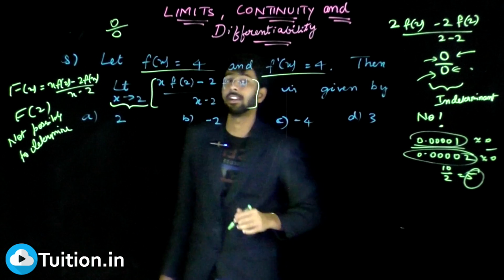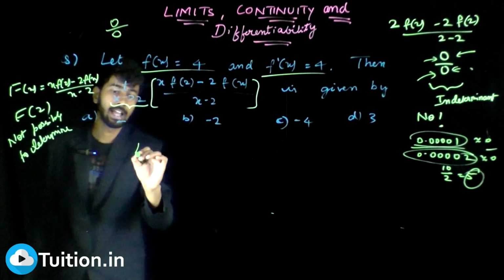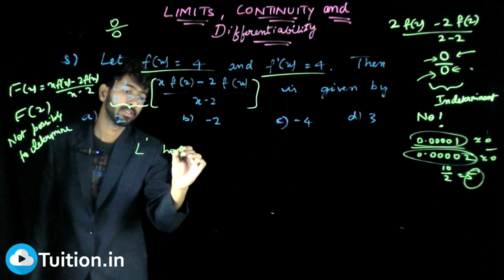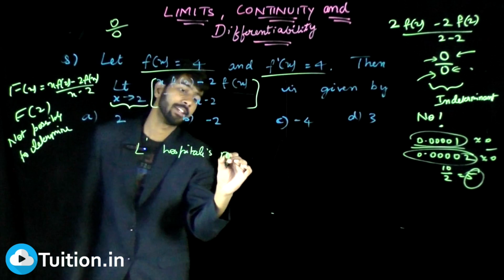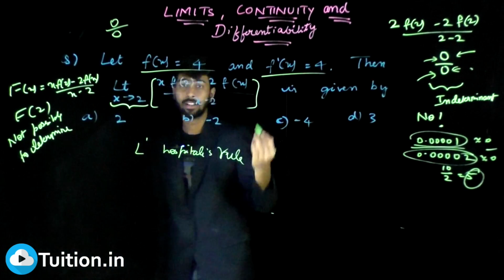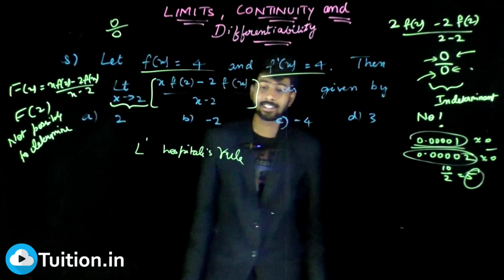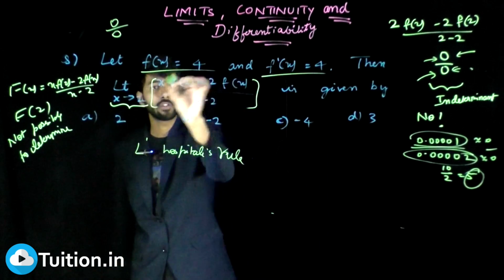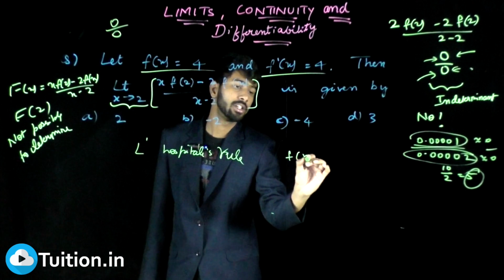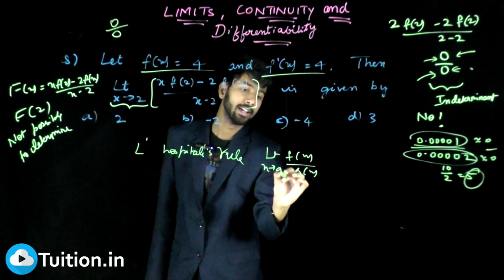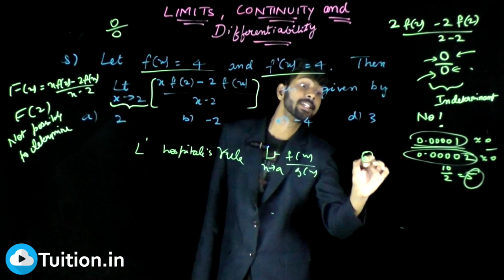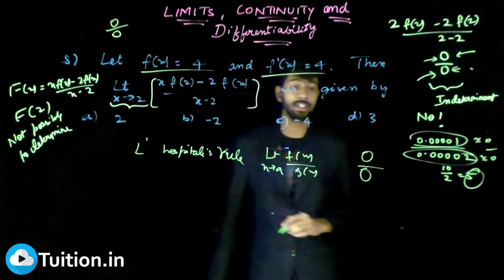And then you can apply what is known as L'Hopital's rule. Don't mind the spelling, I don't remember that, but that's what it is. What it says is, if your function, some f of x by g of x, such that your limit x tends to a takes the 0 by 0 form. What does this mean?